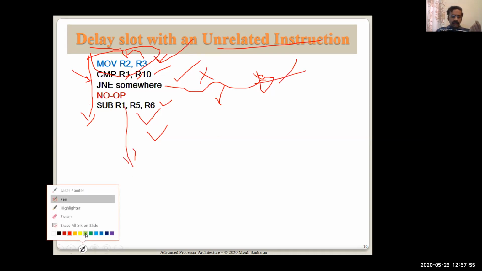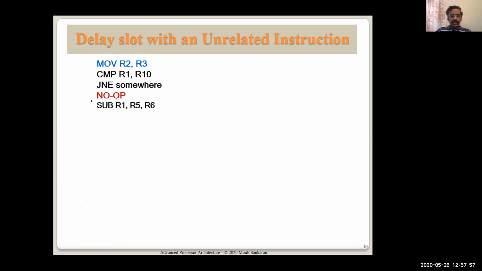Now, in a normal case, our compiler is not intelligent enough; it would have put a no-op here. But I am asking the compiler not to waste this slot. Now you know that this instruction has to be executed for sure.